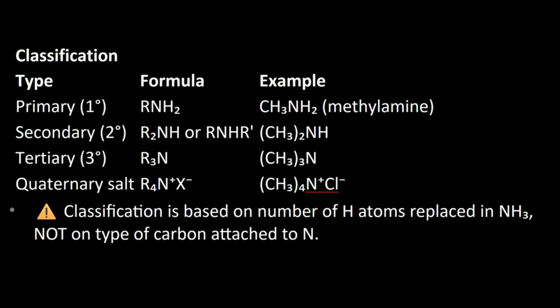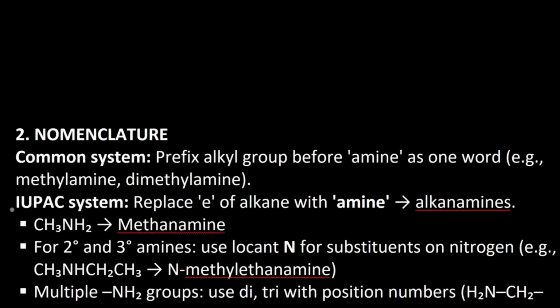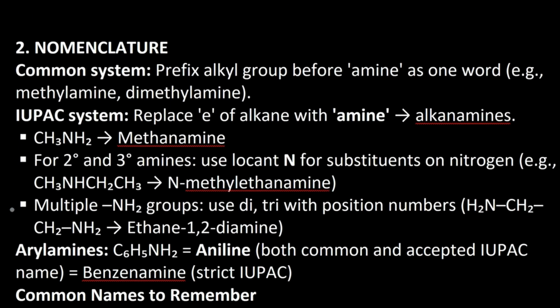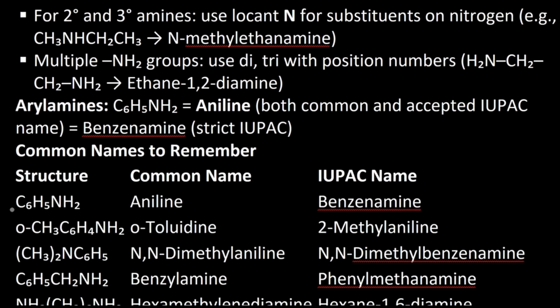Then classification of amines: primary, secondary and tertiary, by replacing one, two or three hydrogens. Then nomenclature. This nomenclature is a bit different from other functional group nomenclatures. For primary amines, we just mention it as amines.